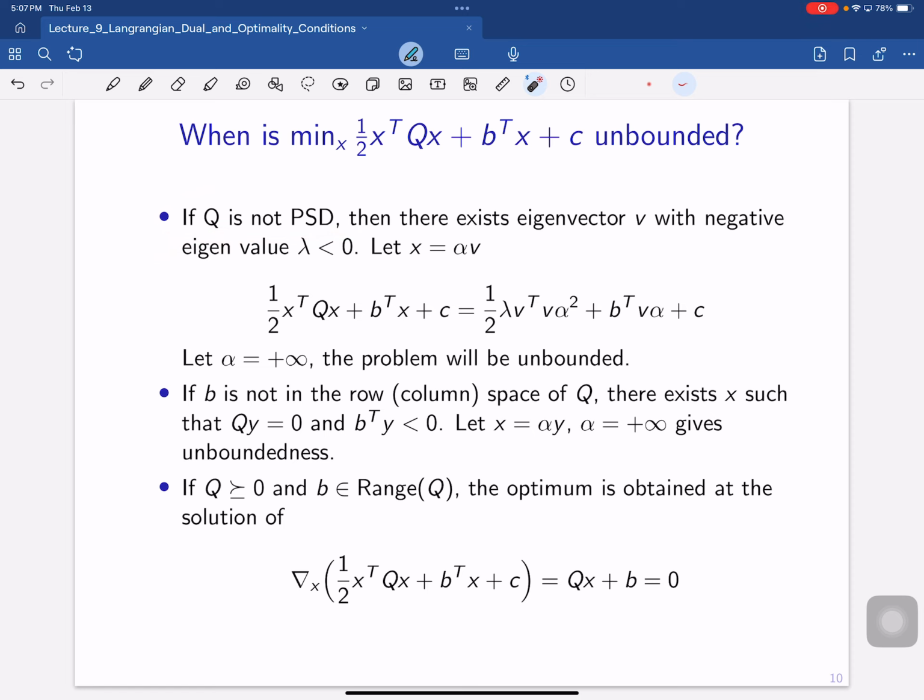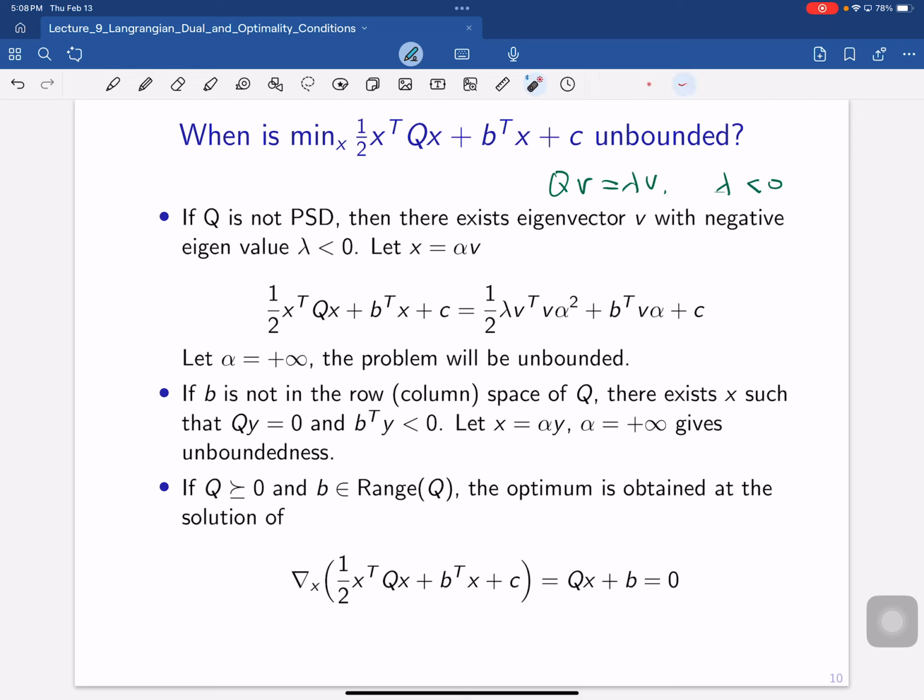When a matrix is not positive semi-definite, that means there exists an eigenvector with a negative eigenvalue. That's the definition of not being positive semi-definite. So a negative eigenvector means Qv equals lambda v, where lambda is less than 0. Now let's set x equals alpha times v, and then plug in.